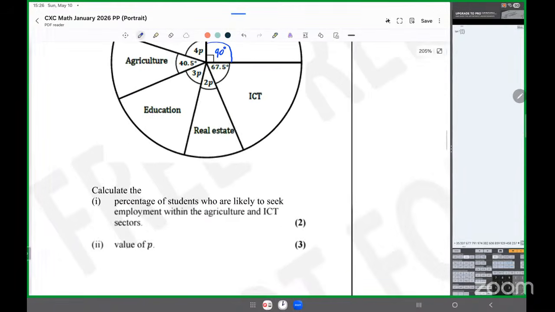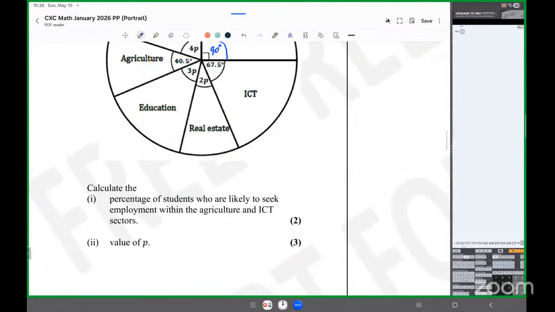Anyway, let's see what I want. It says, calculate the percentage of students who are likely to seek employment within the agriculture and ICT sector. So combining the agriculture and ICT sector, but I want it as a percentage. So we can get it as a fraction of the 360 first, and then express that as a percentage.